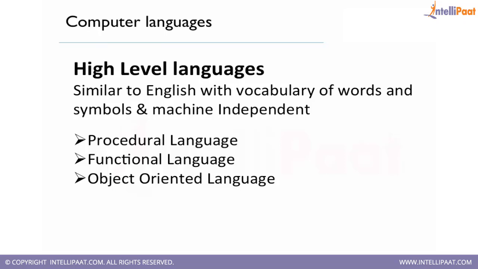For example, a high level language can be a procedural language, it has functions, it can do object oriented things. It depends upon what kind of programming language you choose.